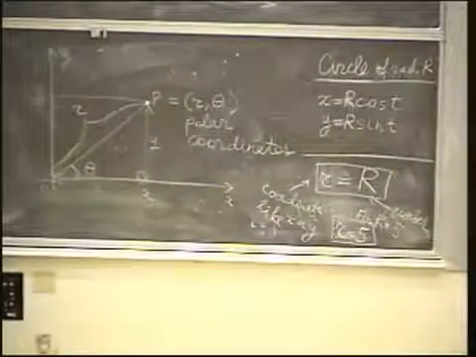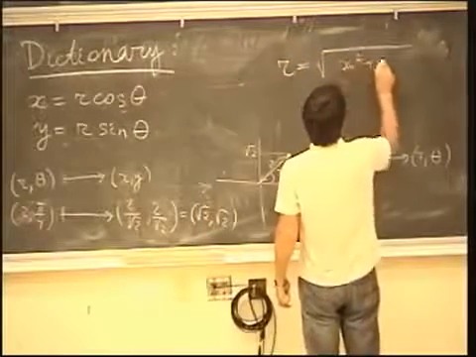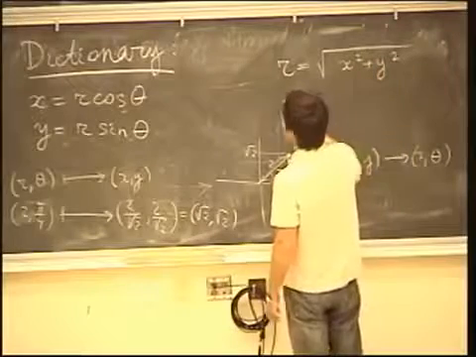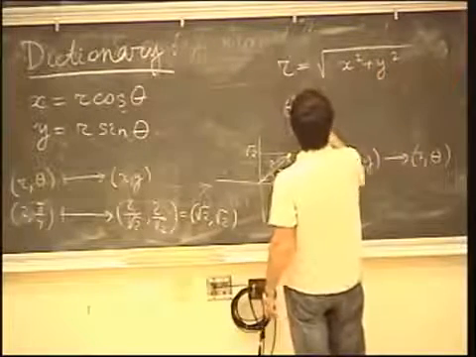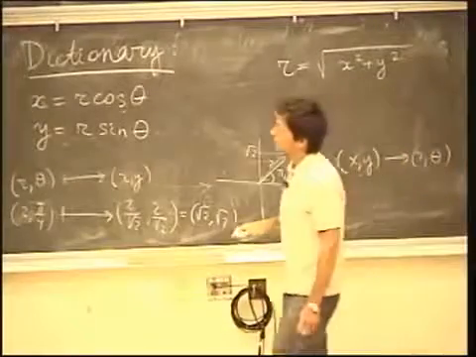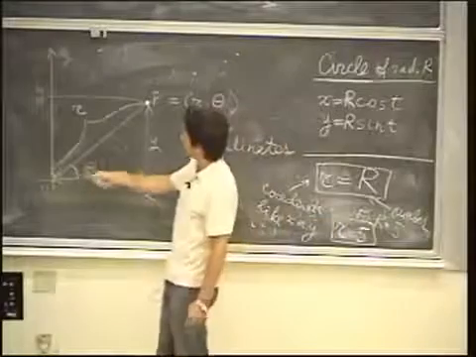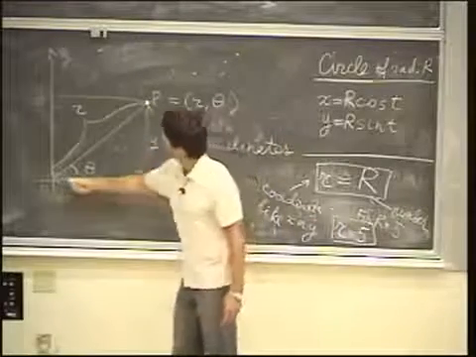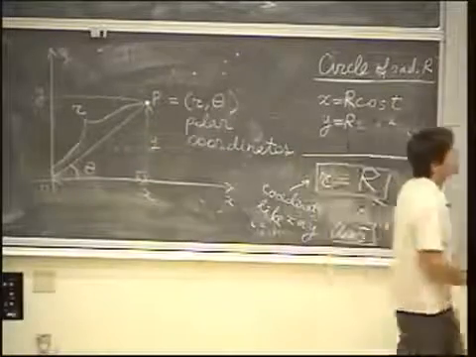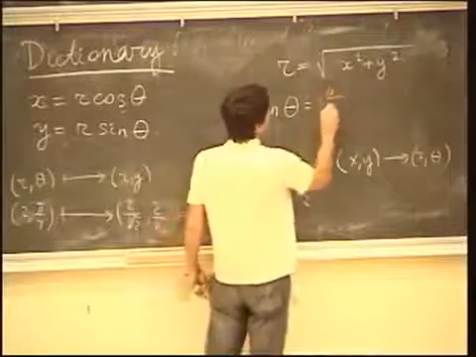So we get r is the square root of x squared plus y squared. And to find theta, what we can find is the tangent of theta. The tangent of theta is going to be the ratio between this side and this side. So instead of writing what theta is, I'll just write the tangent of theta, and that's y over x.